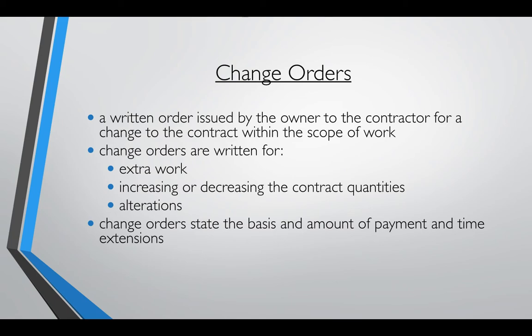Change orders state the basis and amount of payment and time extensions. So your change orders are going to have your amount included in there, and if any time extensions should be given to this change order.